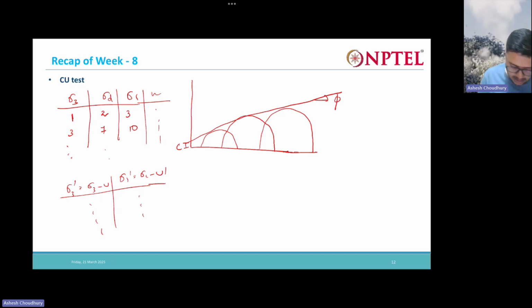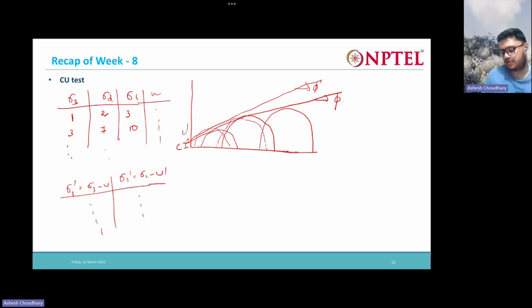So this circle will be something here, this circle will be something here, like this I will get. So I can draw one more line like this from here. This will give me the effective values, the effective values of c prime and phi prime.